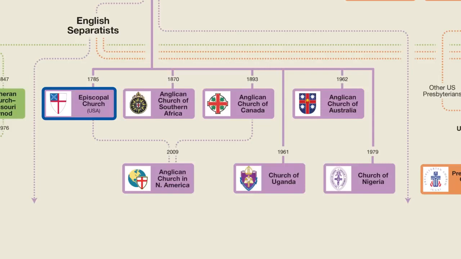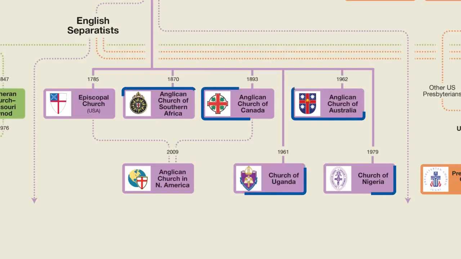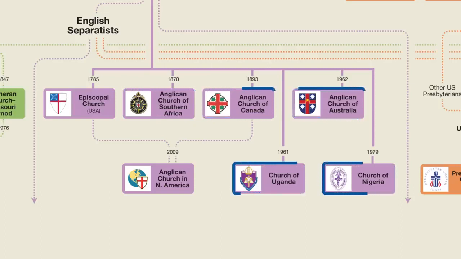Episcopal meaning led by bishops. Over time, the Anglican churches in South Africa, Canada, Australia, etc. became independent as well, so that today, rather than just the Church of England, there are now 42 autonomous churches that together form the Anglican Communion.